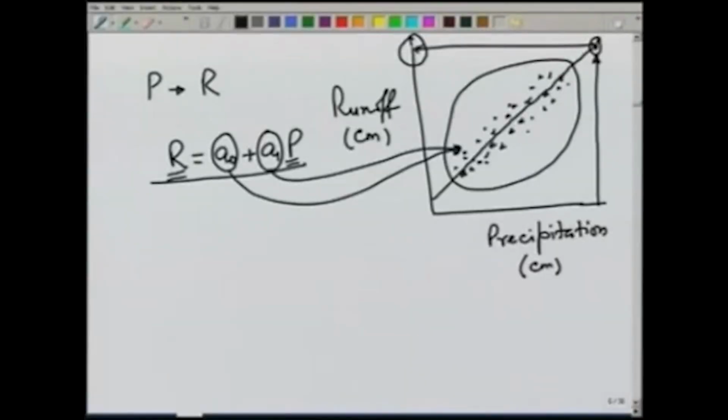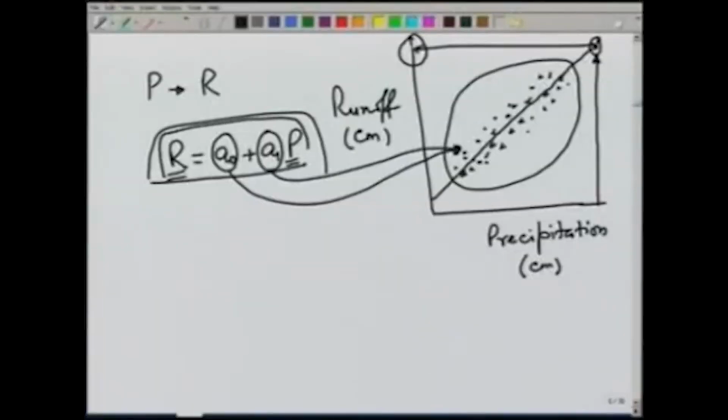Based on the existing trend, we can extrapolate the value of the runoff to estimate what is the maximum flood likely in the river if extreme rainfall occurs. So, that is the advantage of having a relationship like this.